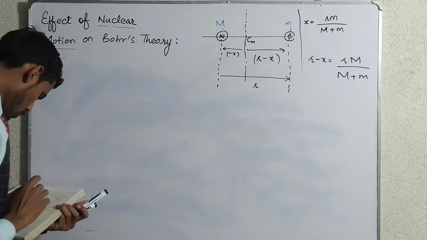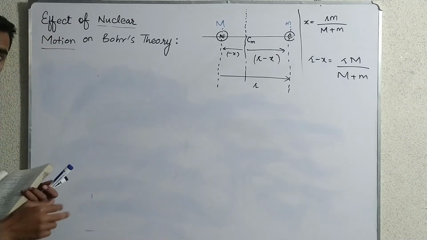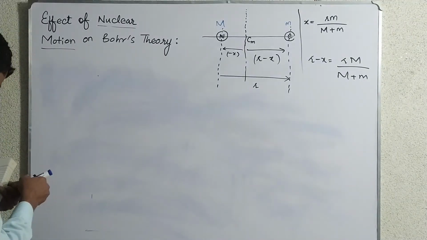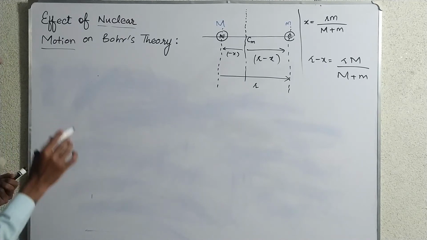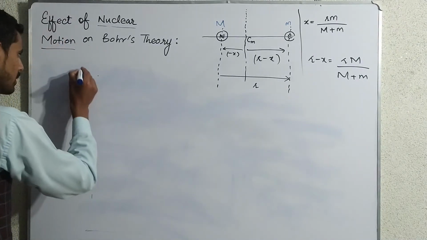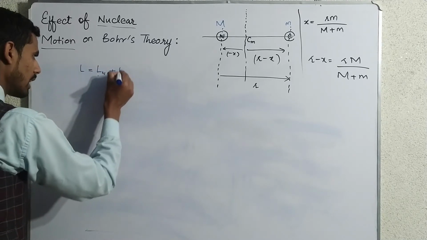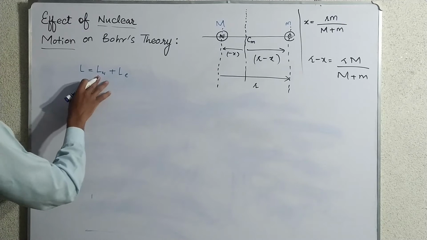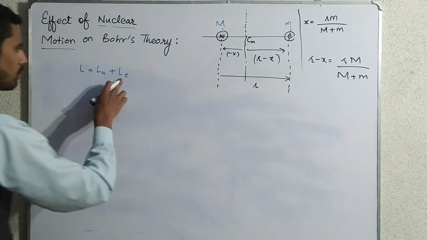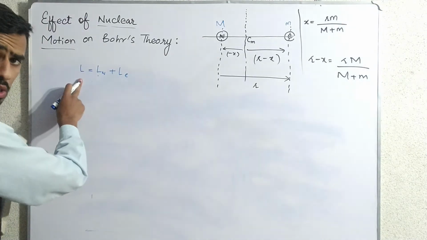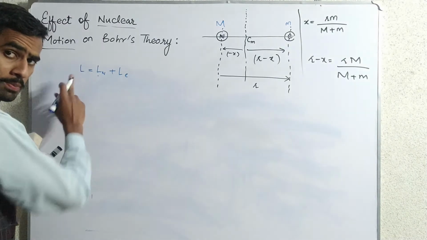So now we are going to talk about the angular momentum. As I told you, the angular momentum L will be equal to L_N plus L_E. This is the angular momentum of the nucleus, this is the angular momentum of the electron, and this is the total angular momentum.